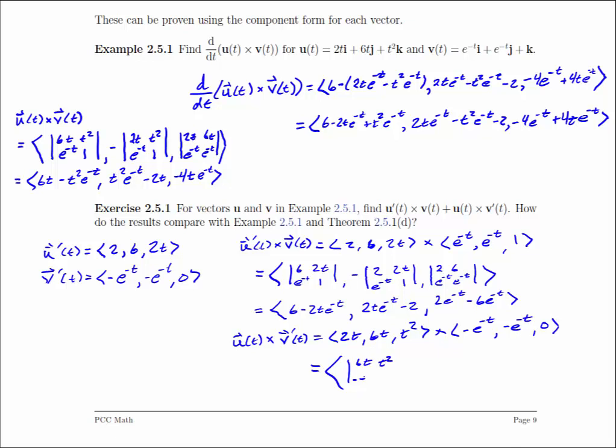Then the first and third components here, and finally we ignore the last components for the last component, using the first and second. So 2t, 6t, negative e to the negative t, negative e to the negative t.